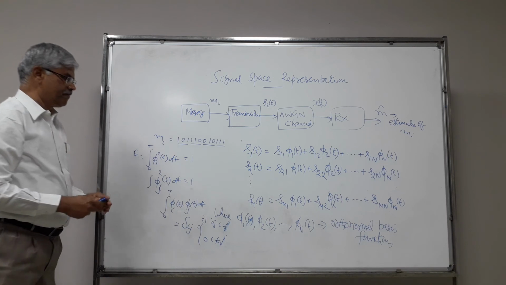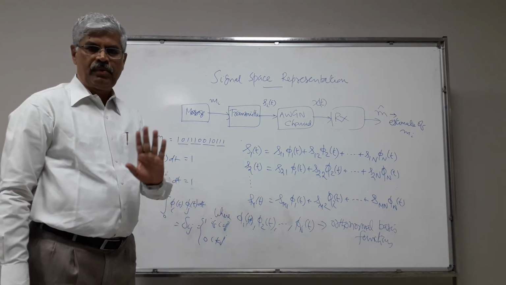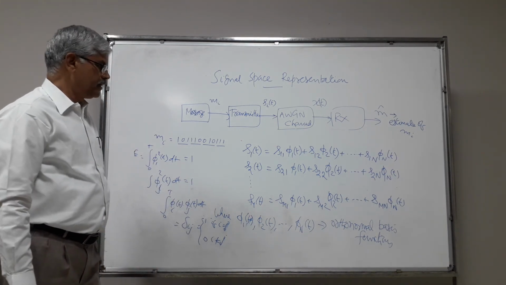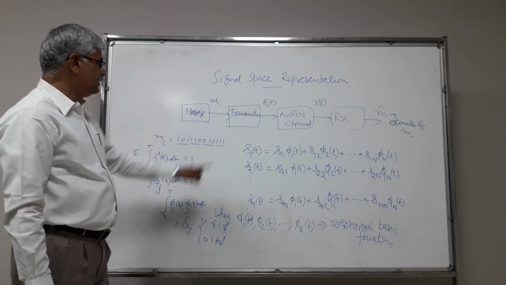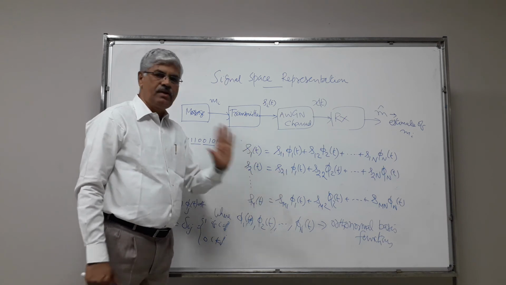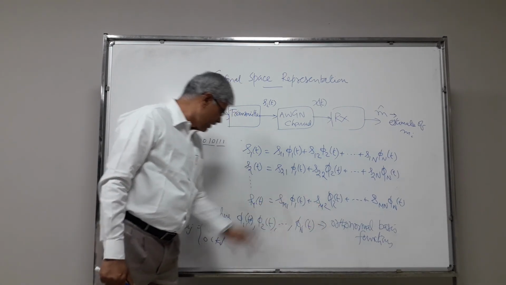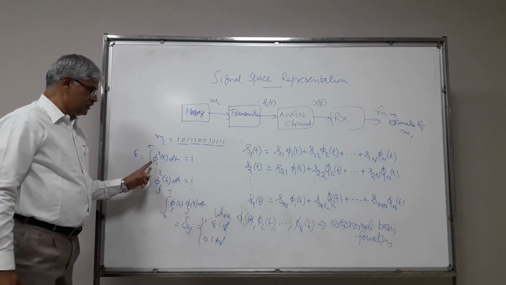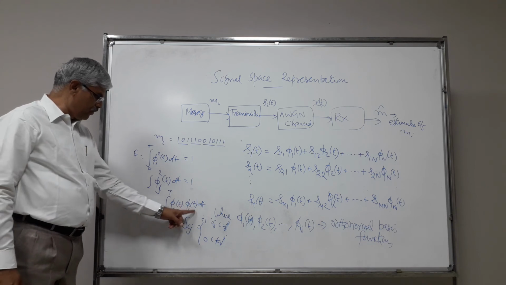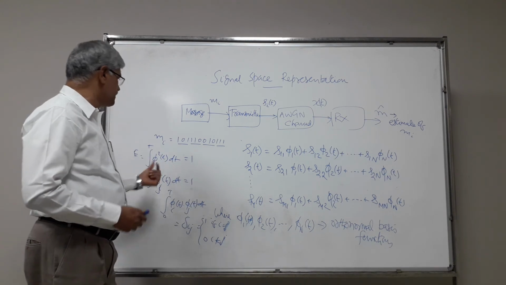So what are we saying? You will be given the notes properly. You must listen to this message, and then you will understand later. So we will select these waveforms in such a way that, if somebody tells you about this set of functions phi 1, phi 2, phi n, which are orthogonal to each other, that means for phi 1 of t and phi 2 of t, you integrate over T. Now orthogonal means, this T is the transmission duration.